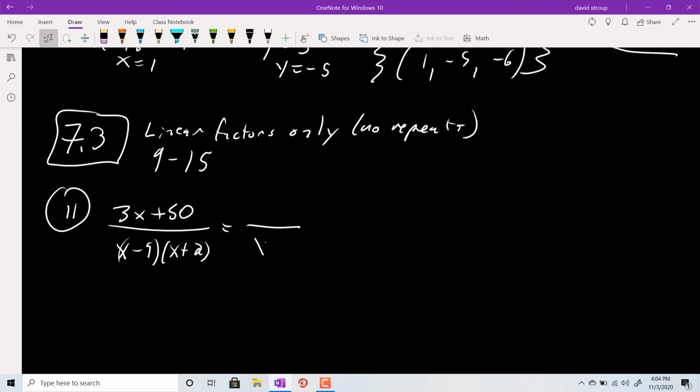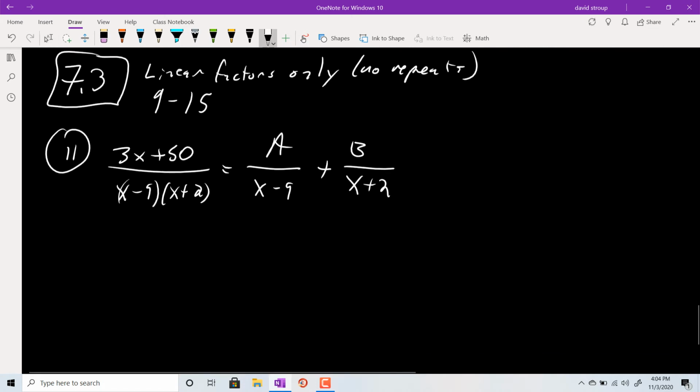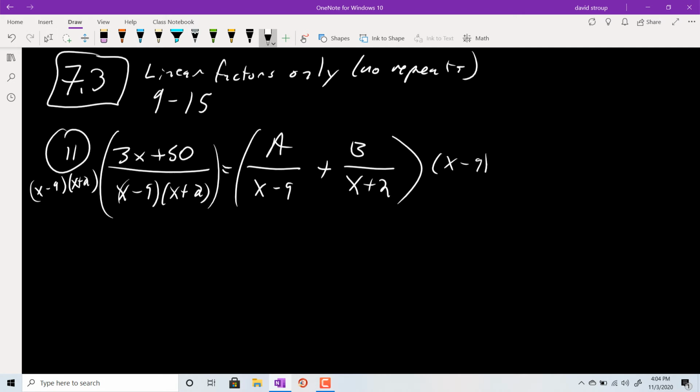Okay, so I need one fraction for each linear factor. And then in the numerator, all you have to do is put A, B, C, D, E, F, G, whatever. Then you're going to multiply everything to get rid of the fractions. So you'll multiply by the denominator that's on the left there, on both sides. So x minus 9 times x plus 2. Over here, also, x minus 9 times x plus 2.